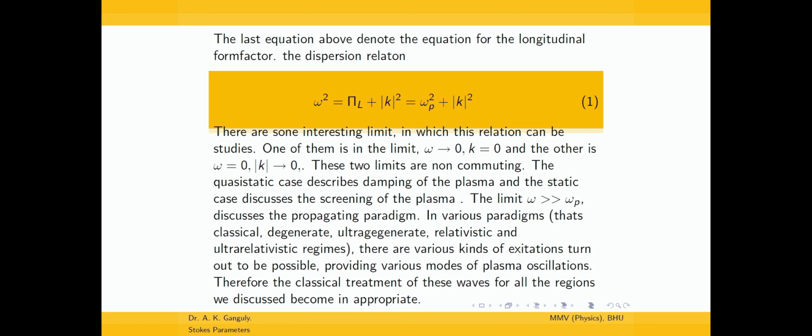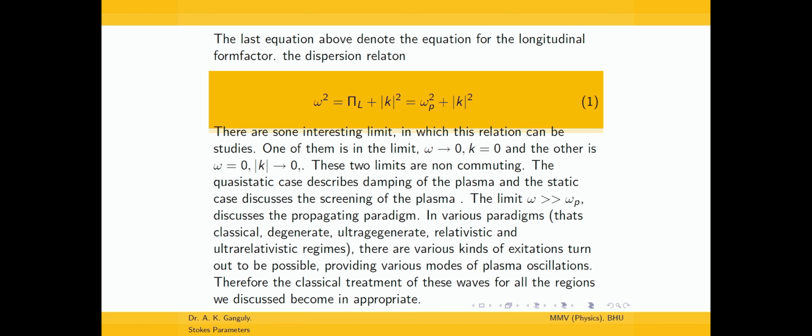For a classical system, this pi L contributes to this equation by a quantity that is equal to the plasma frequency squared. So, the energy budget of these excitations is given by omega square is equal to plasma frequency square plus wave vector square.